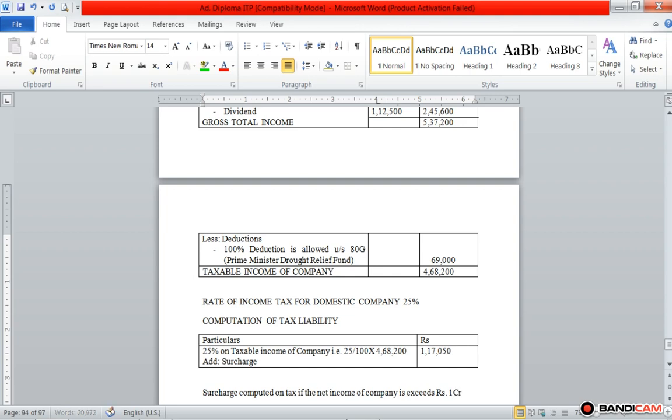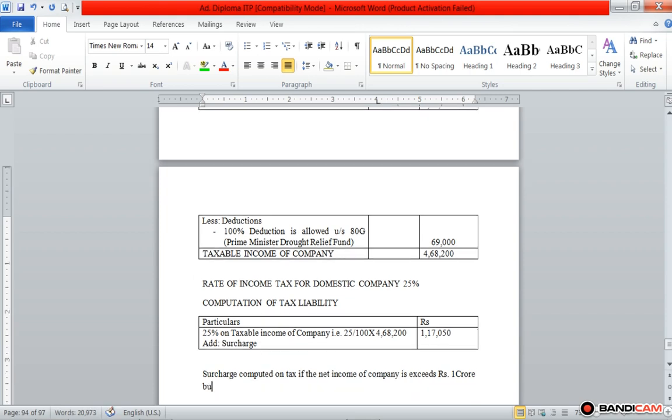but does not exceed rupees 10 crore. Then the percentage of surcharge is 7.